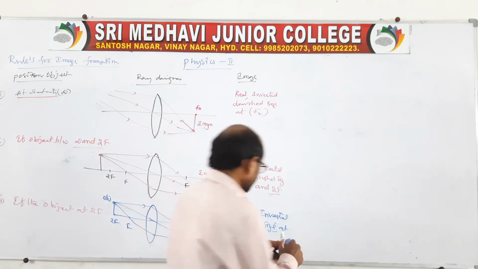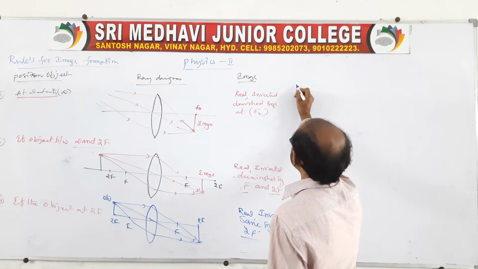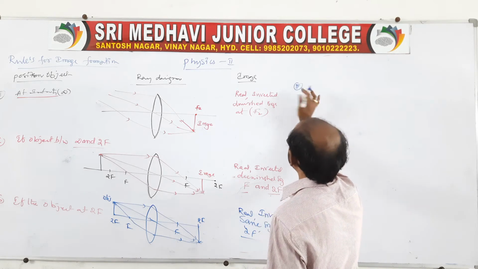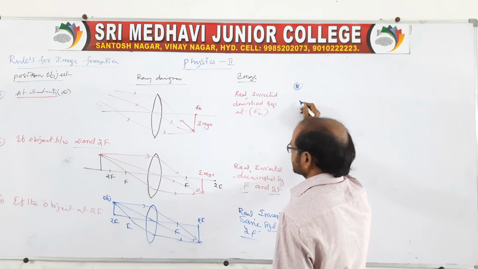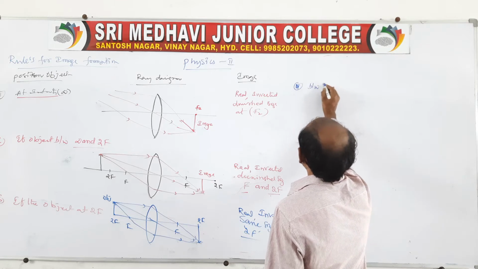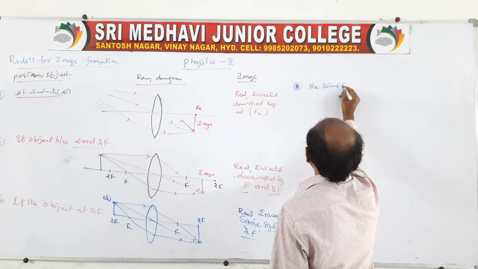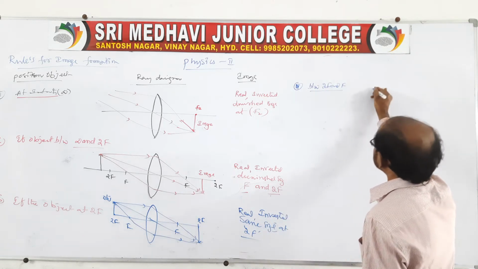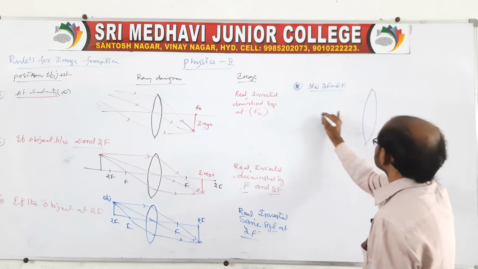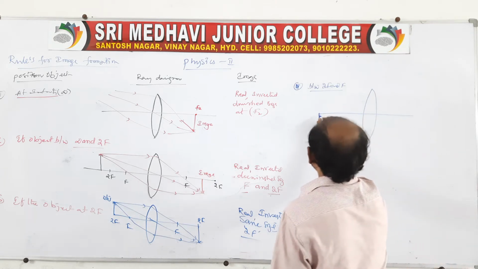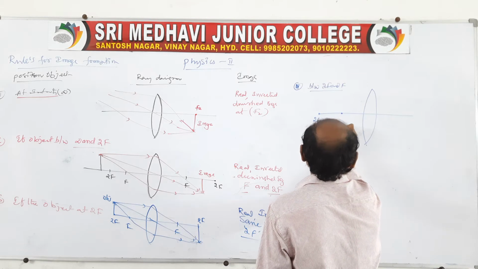So let us take the next one. The position of object will be the fourth point: the object is between 2f and f. Therefore the ray diagram shows like this. It is 2f and it is f.